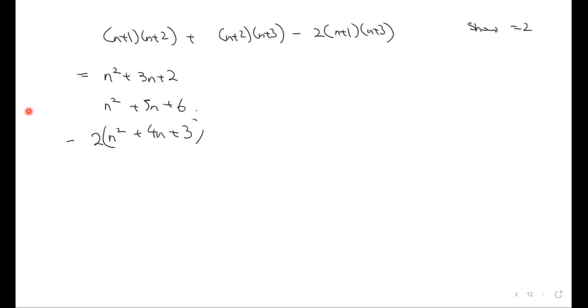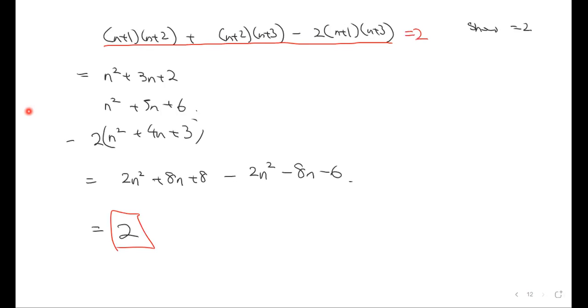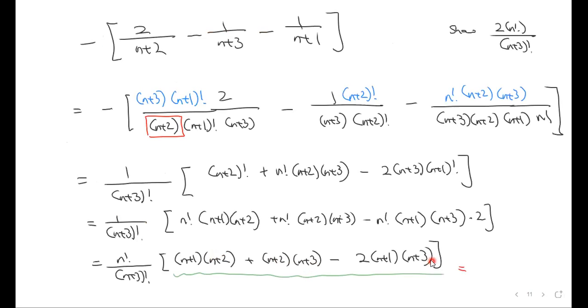In other words, and you can hopefully see this now, it's 2n squared plus 8n plus 8 minus 2n squared minus 8n minus 6, which is indeed 2. So as we have shown that this entire expression is equal to 2, we have therefore shown that this is 2, and so that is equal to 2n factorial all over (n plus 3) factorial.